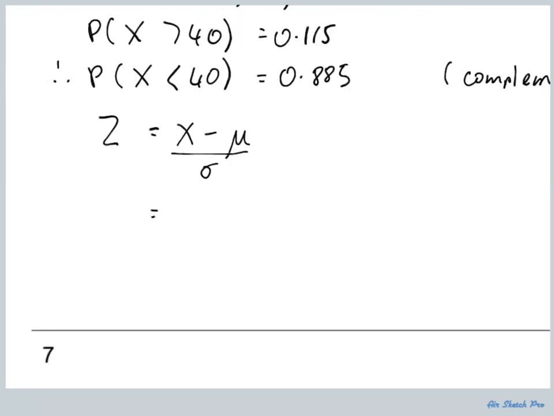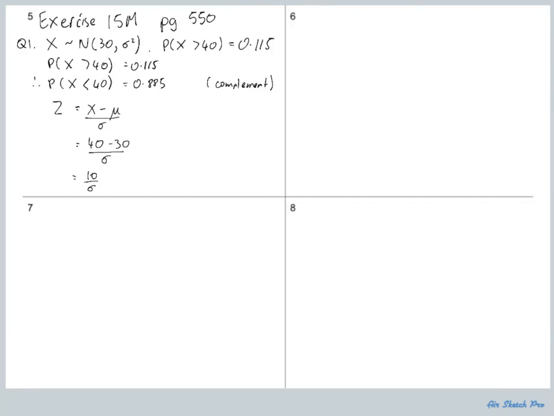In this case, x is 40, that's our boundary, which is why we chose it. The mean is 30, given in the problem, and the standard deviation we don't know. So we've got 10 over sigma is equal to z. Good so far? Going to zoom out now and keep writing in slide 6.